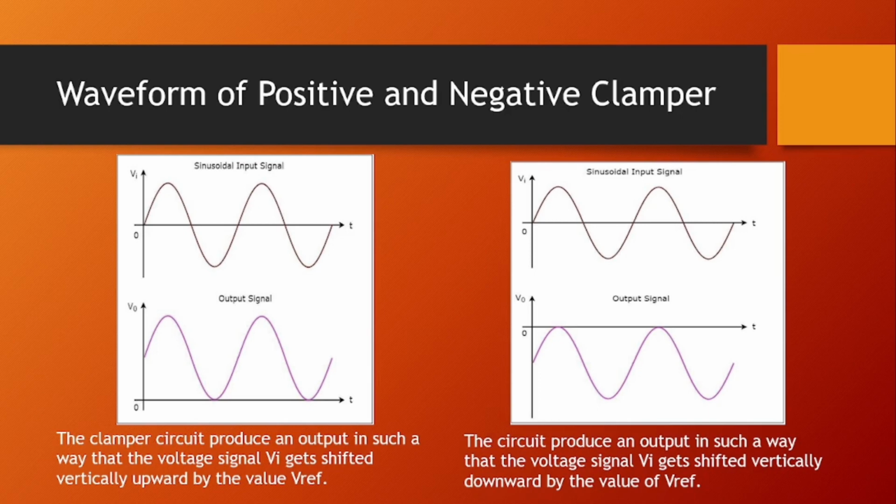The AC signal stays at the center, then the DC signal is shifted downward. So that is the waveform of the positive and negative clampers. So thank you.